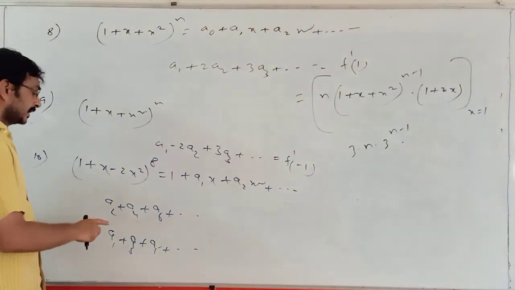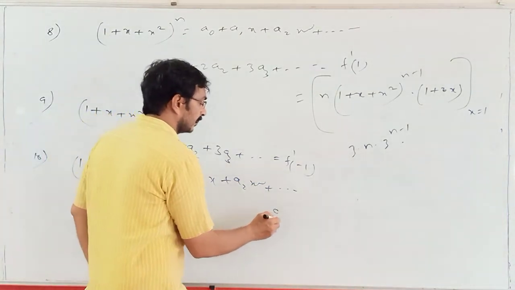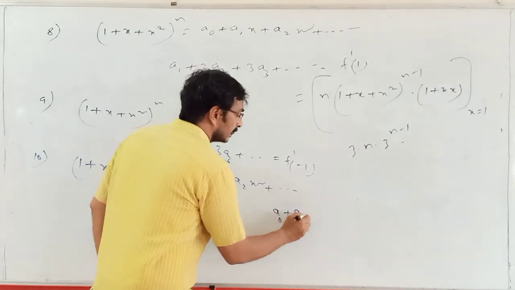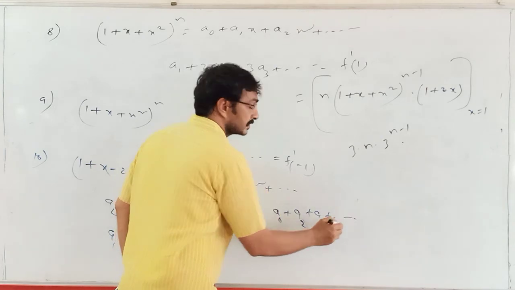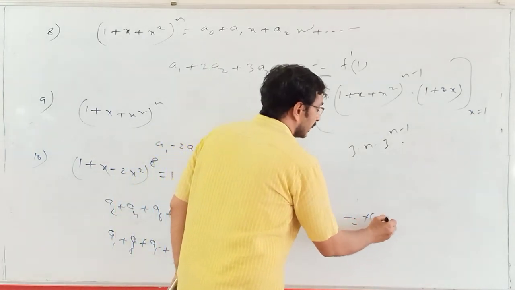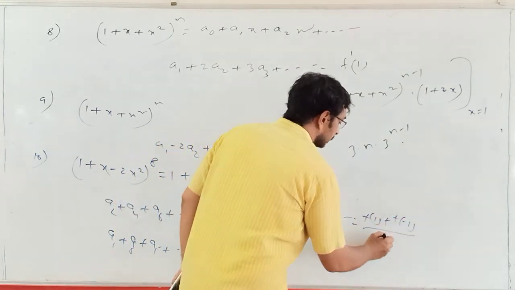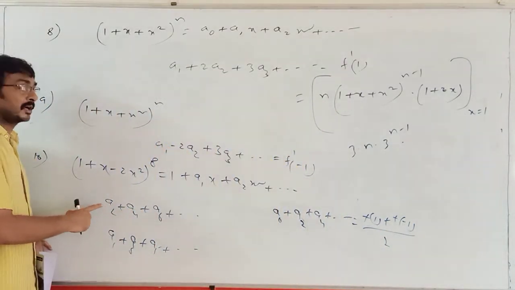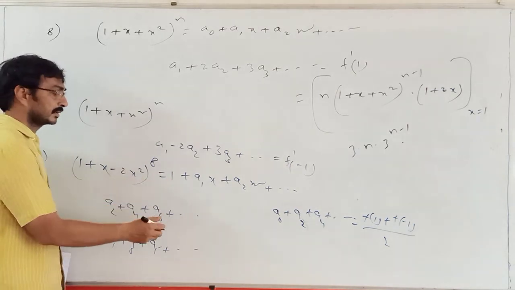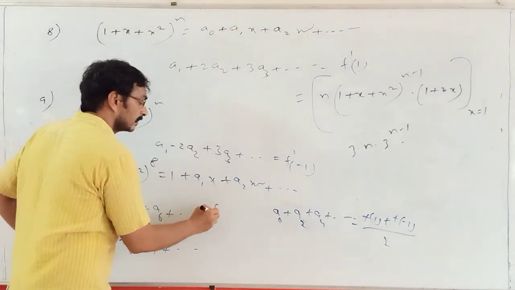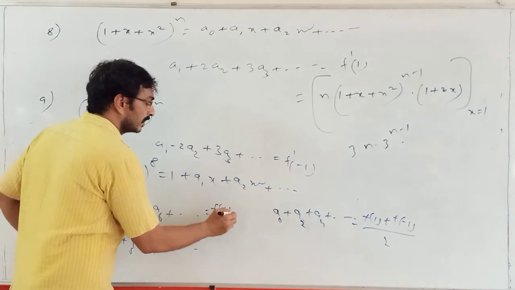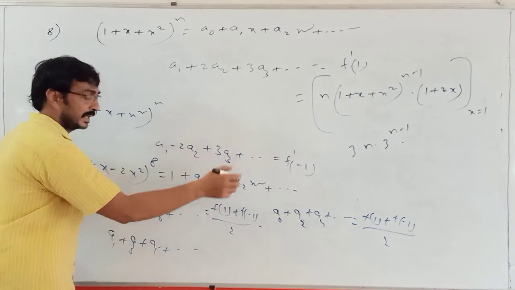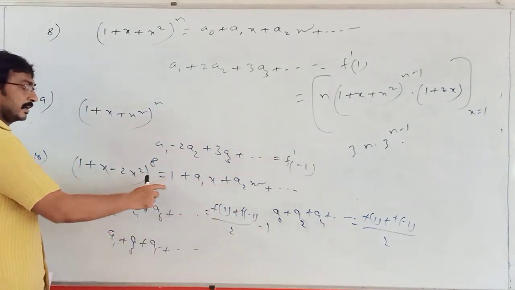So we know that a0 plus a2 plus a4 and so on, formula is (f of 1 plus f of minus 1) by 2. But here required starts from a2, there is no a0, but here clearly a0 is 1, therefore required is, from that formula, (f of 1 plus f of minus 1) by 2 minus a0, means 1 here, this is a0.